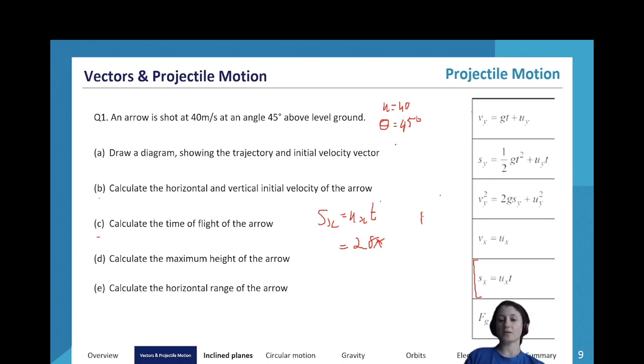We'll be using the time of flight, because the horizontal range is how far the arrow has traveled when it lands on the ground. When it lands on the ground is after the time of flight, which was 5.7 seconds. That gives us an answer of 159.6 meters. And that is the end of our question.